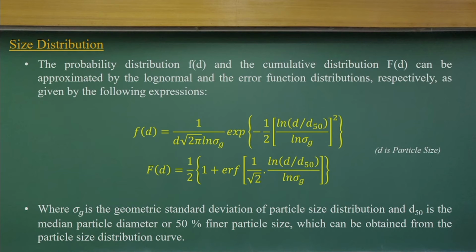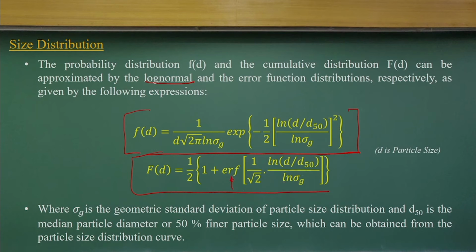So not just a 50% finer value like D50, D80 or D90. Instead of that, try to understand the sediment properties in more detail. They follow a probability distribution concept. It has given us the distribution function, which is a log normal distribution, and if you take the cumulative function, it will have an error function in it.